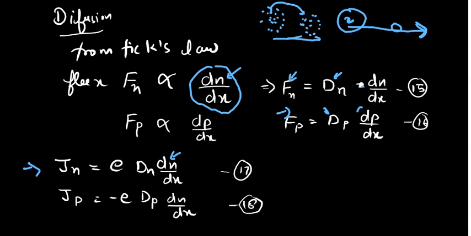So the carriers will come out in this direction. In the case of electrons, where the concentration is decreasing, the current will be in the direction opposite to it. That's why here there is a plus, and in the case of holes there is a minus sign.